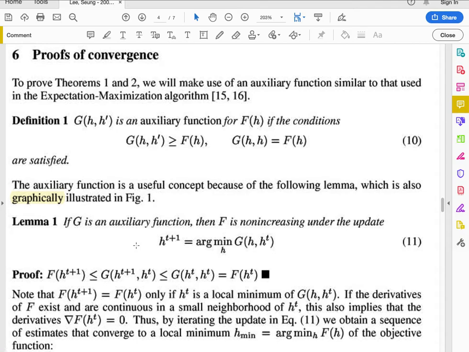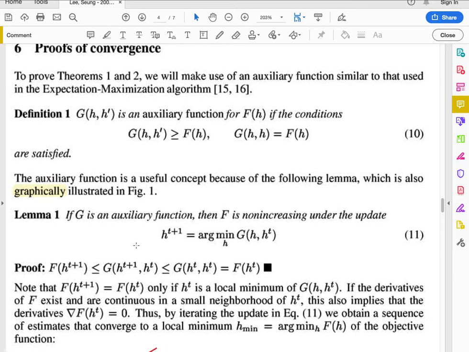But if you read through this proof of convergence, you can read it from a different angle where you are actually trying to construct a solution. Okay, but we will do that little later. Maybe you will see that later. But now let us see what they have written, what they have presented. Okay, so they are saying they have formulated an auxiliary function called G, which is an auxiliary function for f.